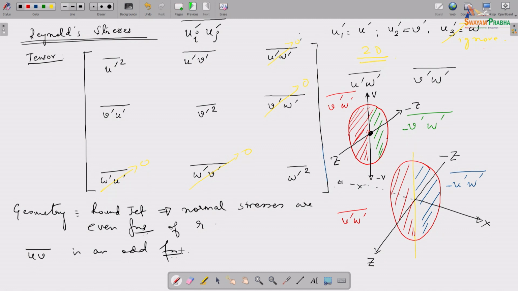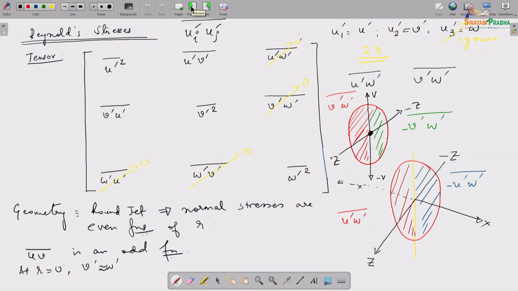UV is an odd function, and at R is equal to 0, V dash and W dash are indistinguishable. So, basically they are same. Okay.